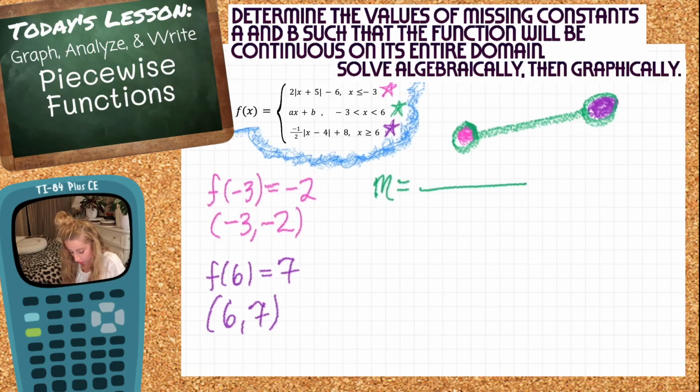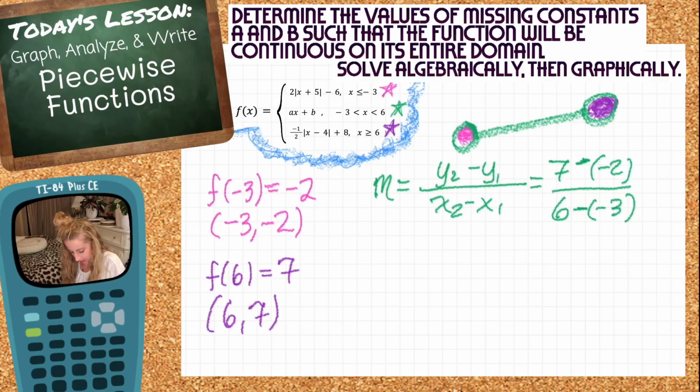Slope is change in y, y2 minus y1, over change in x, x2 minus x1. That's going to be 7 minus -2 over 6 minus -3. That gives us m is 9 over 9, which is 1. So my slope is 1.